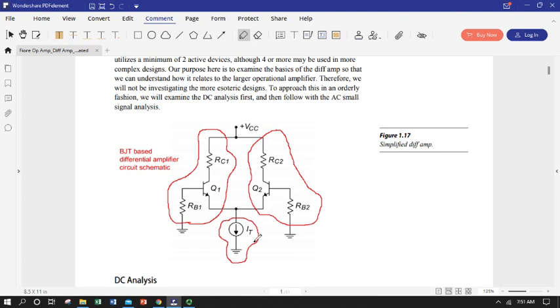Bear in mind though that this constant current source in a real differential amplifier will be its own circuit, and at the end of this chapter Mr. Fiori goes through different types of circuits that can be used for that. But we just need to remember that this is giving us a constant current through this portion of the circuit, which is known as the tail.